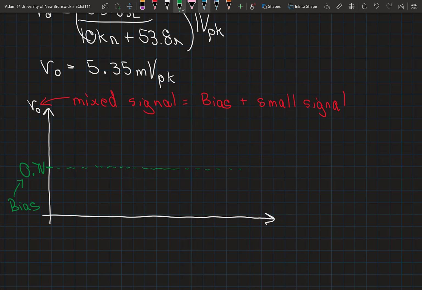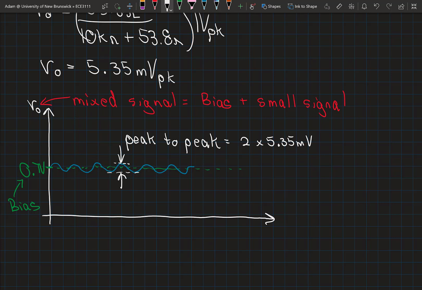Fluctuations around that bias are caused by my small signal component. We just found that its peak value is 5.35 millivolts, so the peak to peak of this sinusoid that's riding on this 0.7 volt offset is 2 times 5.35 millivolts, or 10.7 millivolts.